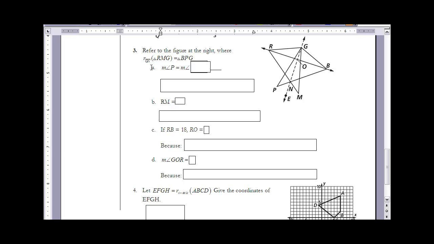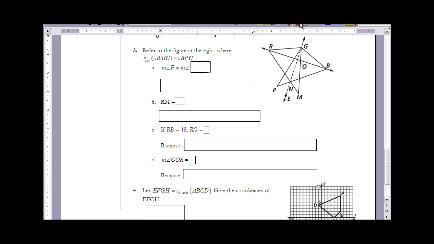Okay, let's take a look at example 3. In example 3, what we're doing is we're trying to apply the reflection postulate, all the different parts of the reflection postulate, to the following reflection. If I do a reflection of triangle RMG over line GN, so here's my line of reflection right here, GN. Here's the figure that I'm reflecting, RMG. Okay.